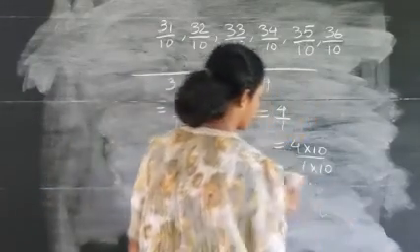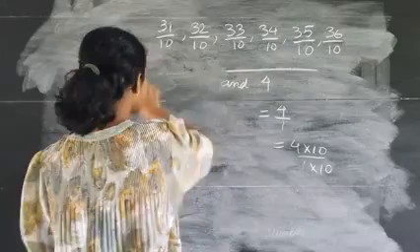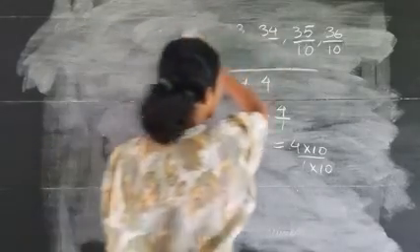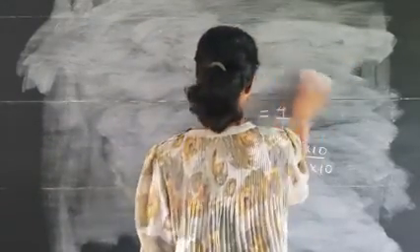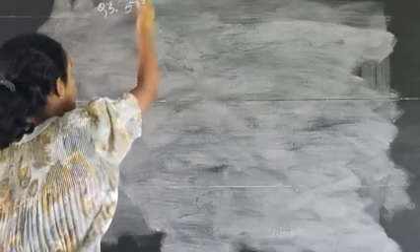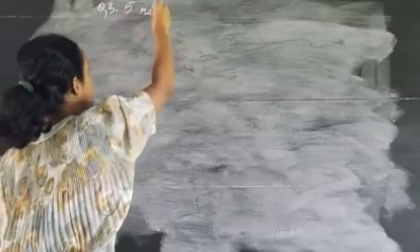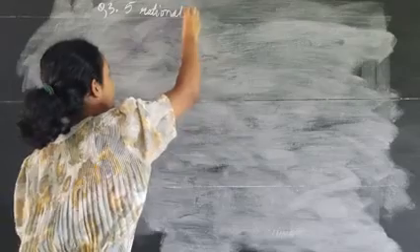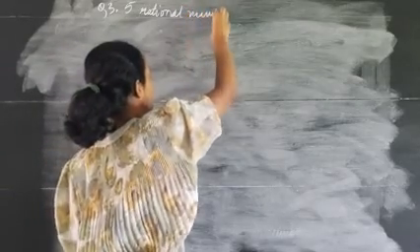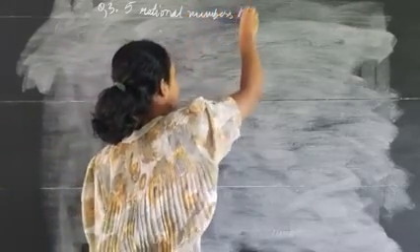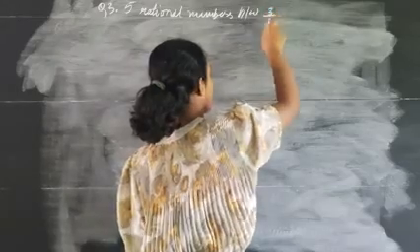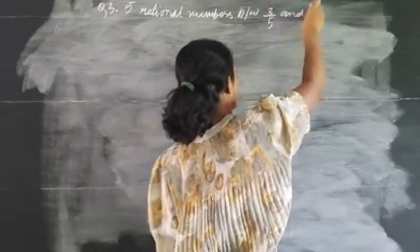So what do we do? Third question. Exercise 1.1, question number 3. 5 rational numbers between 3 by 5 and 4 by 5, right?